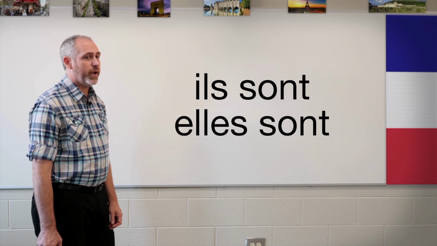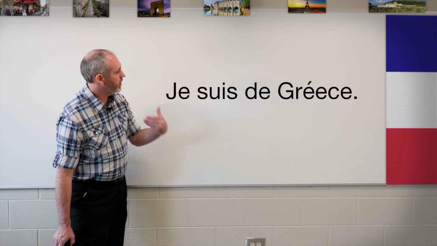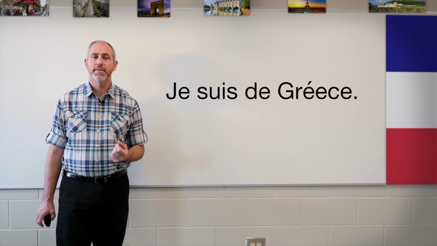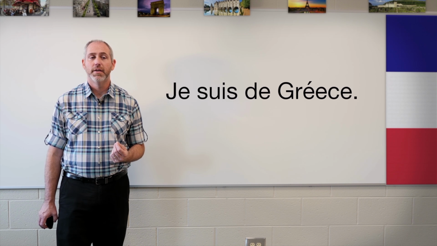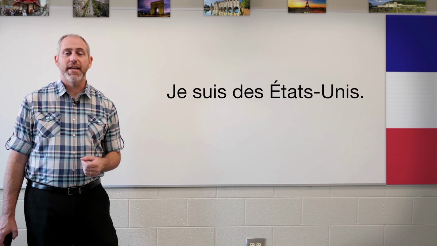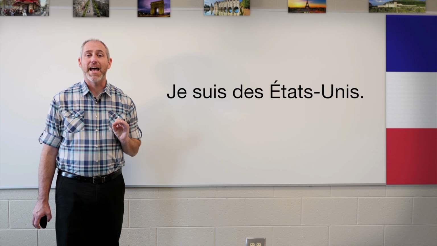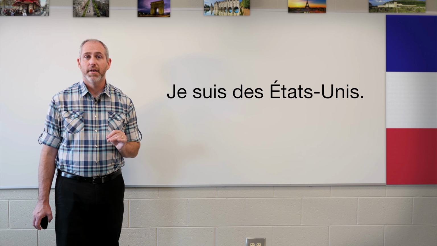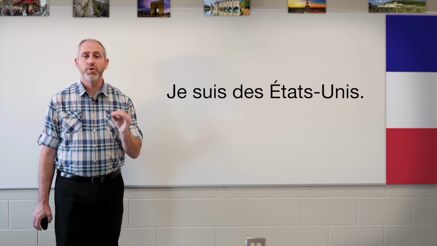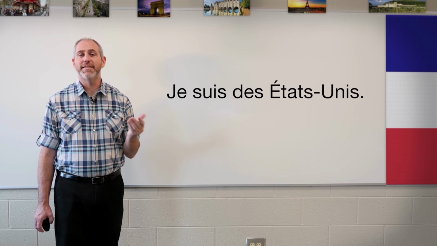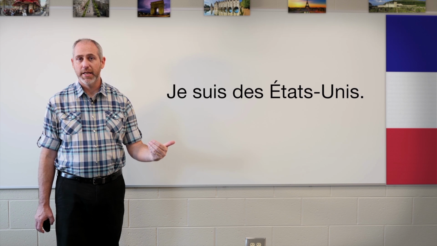All right, really quick, putting these in context, pronounce this after me. Je suis de Grèce. I'm from the United States. Je suis des États-Unis. Now put the whole thing together. Je suis des États-Unis.